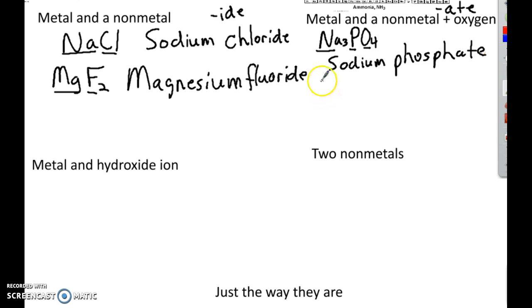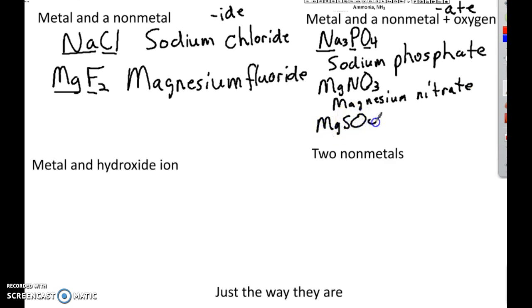For other examples, let's see if we have MgNO3. We won't worry about the little numbers, but this would be magnesium again, and this one would be nitrogen, but now we make that nitrate. And one last one just to finish off.